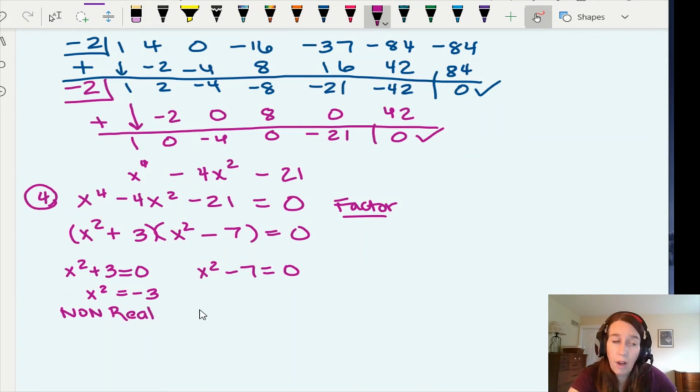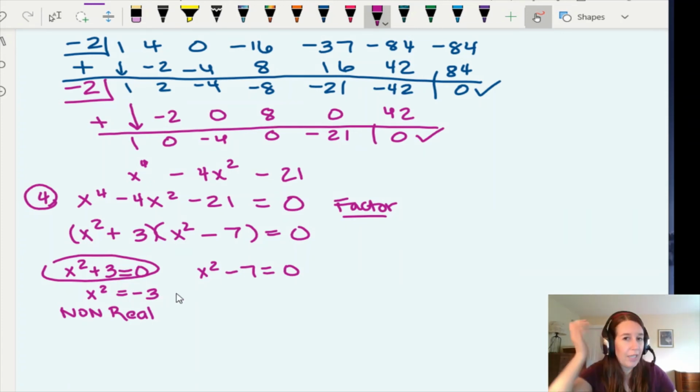So in this section, you actually don't have to find that number. You can just stop right here at this factor, x squared plus 3. In the next section, all we're going to do is actually find what that is, which is i root 3. But don't worry about that now, not quite yet. We're just going to leave it because it was a non-real number.